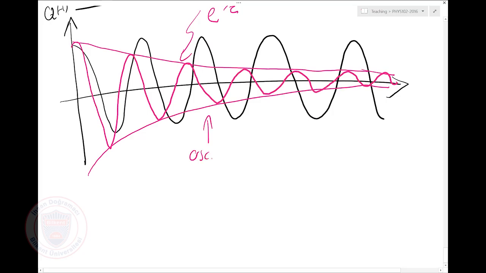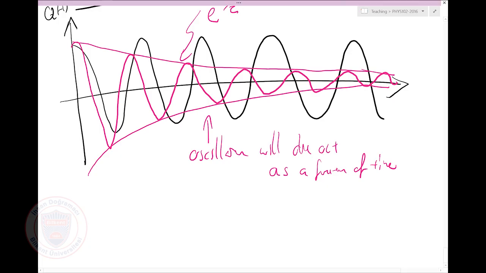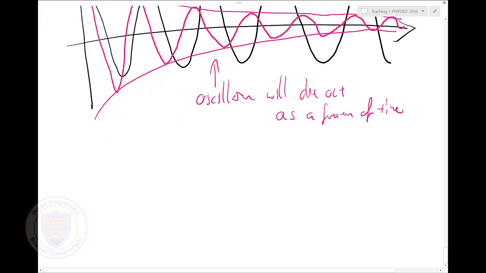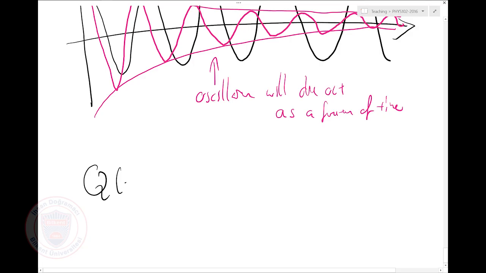So oscillations will die out as a function of time. And here is the thing, what does the general form look like? I will start from Q0.